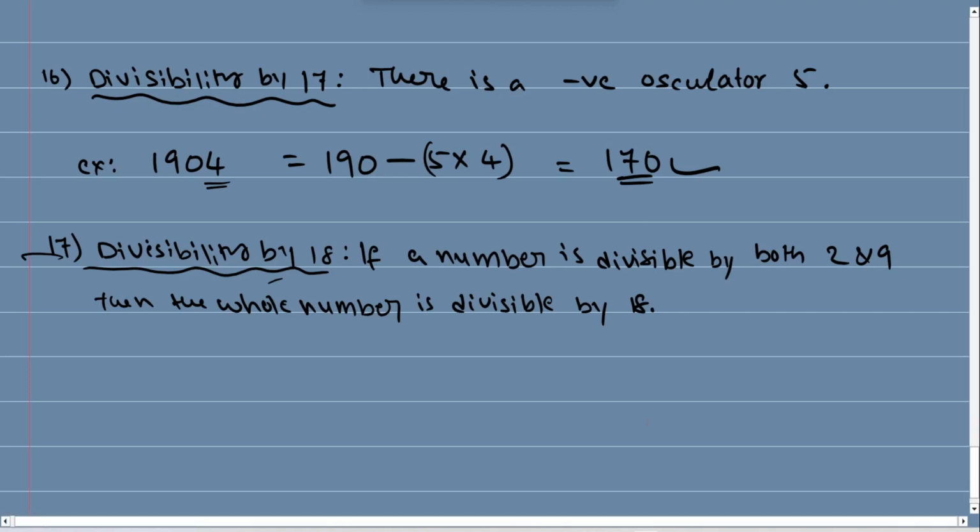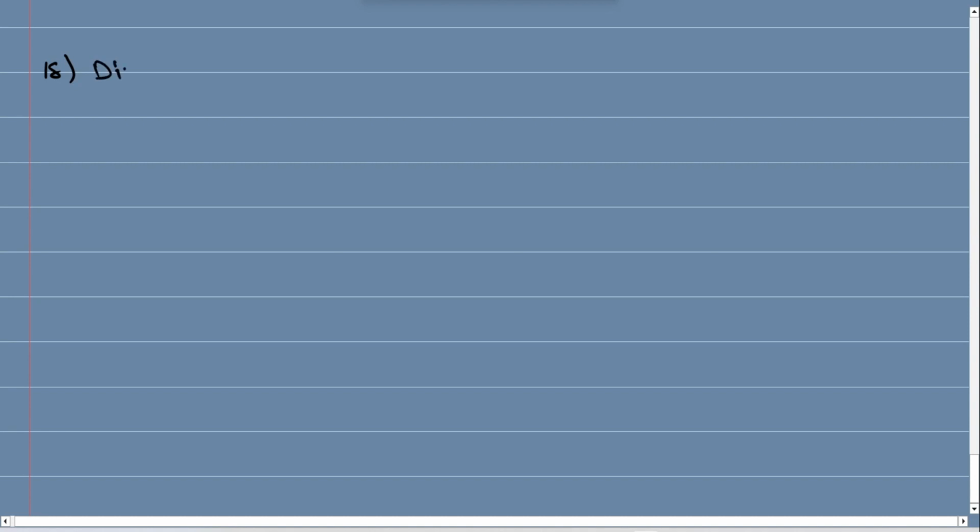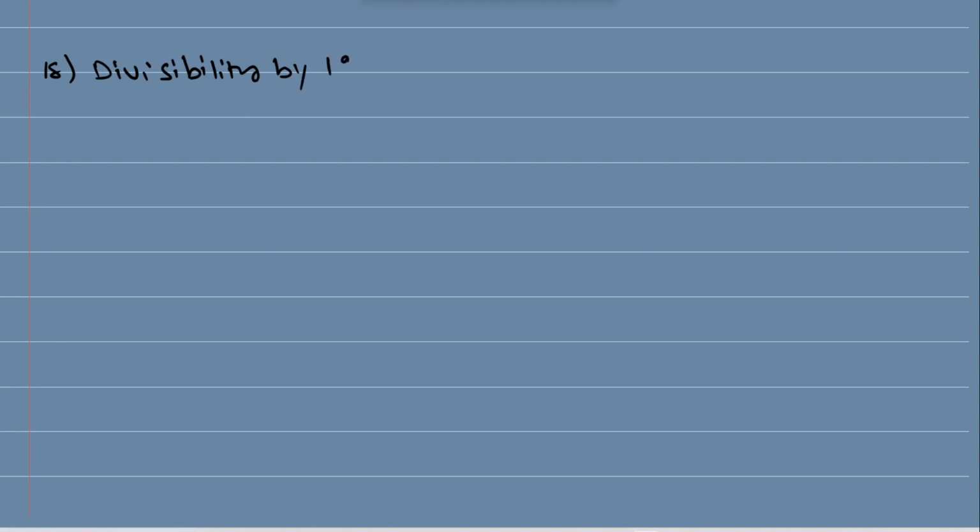The next concept, divisibility by 19, the last one. Here we will use the positive oscillator. In the 7 rule we use the negative oscillator. I forgot to mention that there.